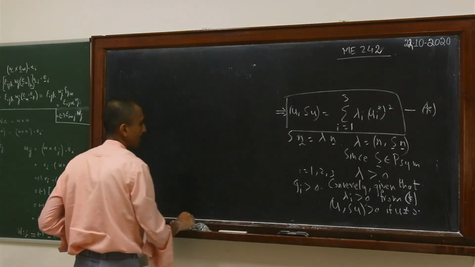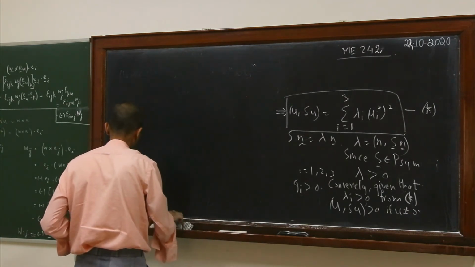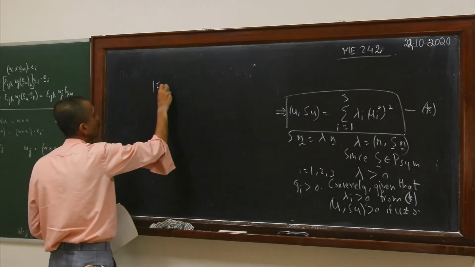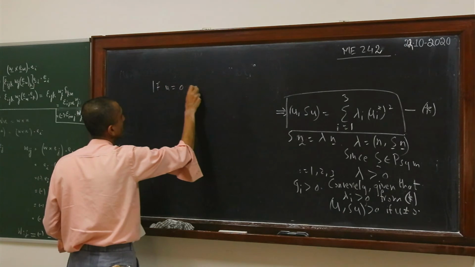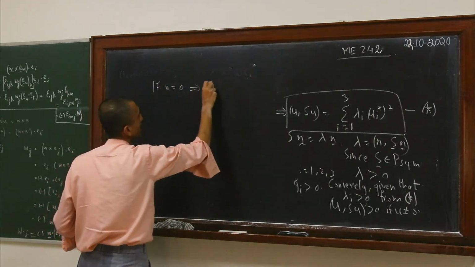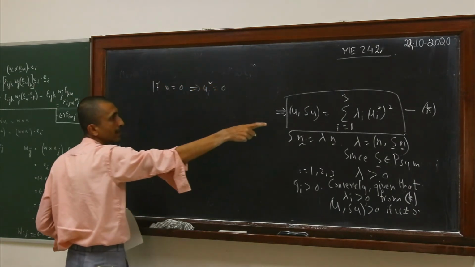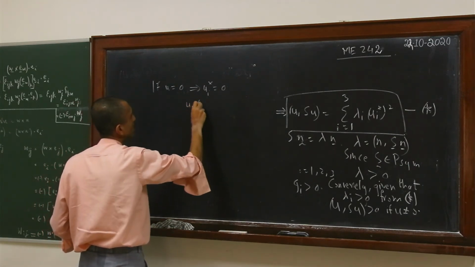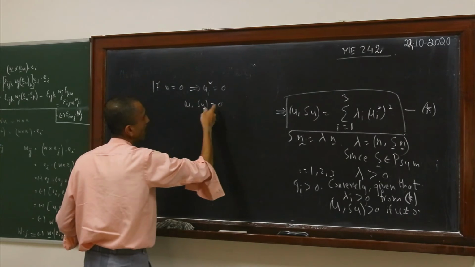If u is equal to 0, then that implies that u_i* is equal to 0. And then from there, you will get that (u, Su) is equal to 0. So that is obvious.